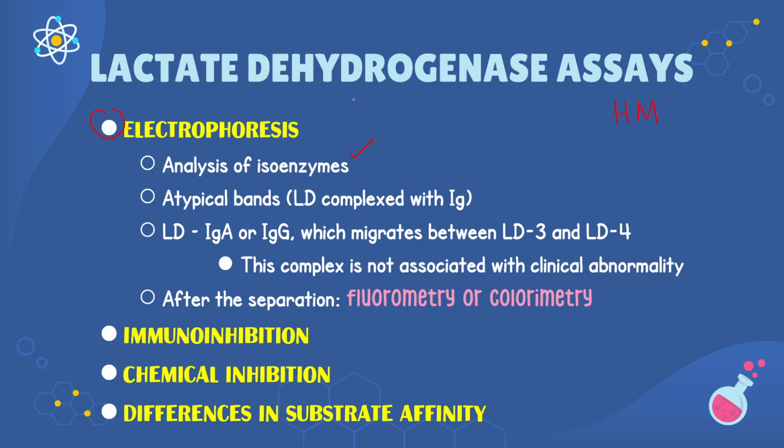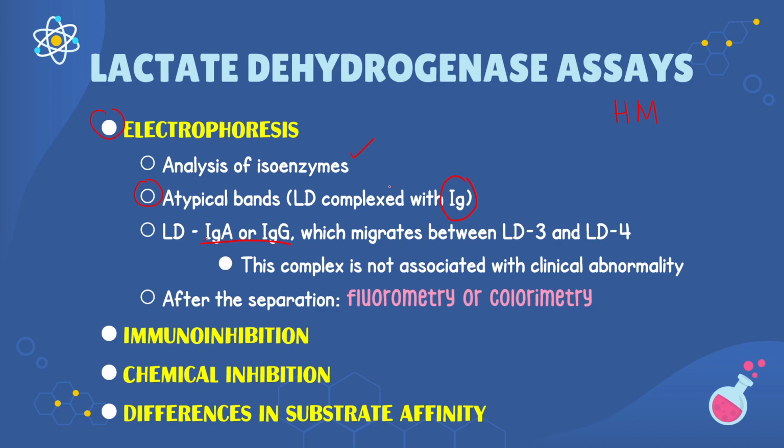Now, lactate dehydrogenase also has atypical bands, or abnormal isoenzymes, and that is LDH in complex with immunoglobulin. What specific type of immunoglobulin would it be? That would be IgA or IgG.